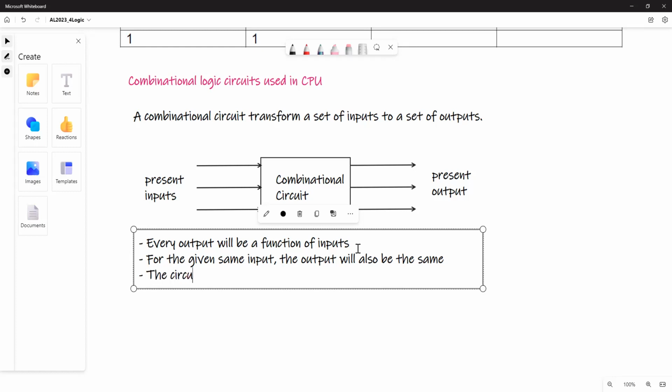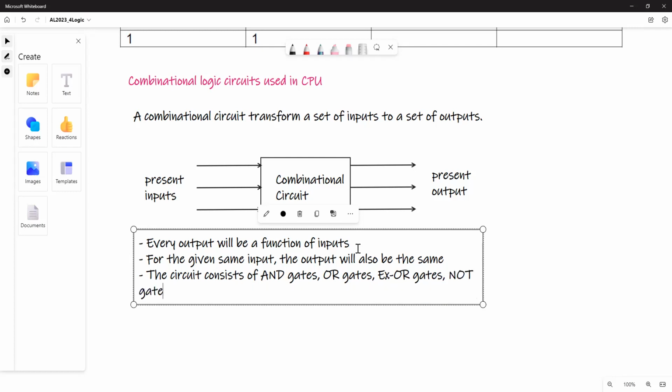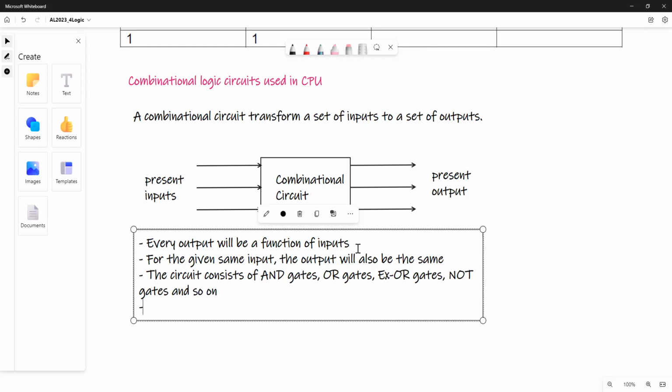The circuit consists of AND gates, OR gates, exclusive OR gates, NOT gates, and so on. So that means these are the ones we can use.